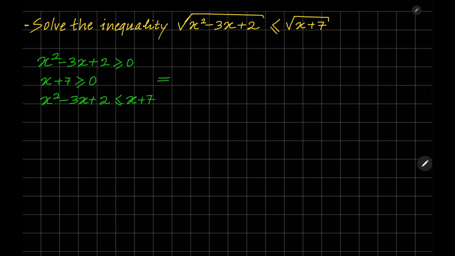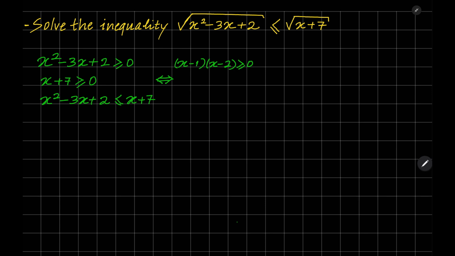Now, this implies that we can factor these expressions. The first expression is x minus 1 times x minus 2 greater than or equal to 0.